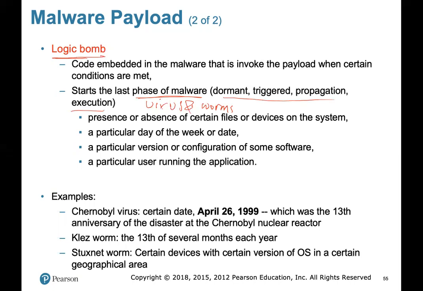I said this might be optional for some malwares. We don't have the dormant phase, and then we go to the triggered phase, and then the malware starts propagating, tries to infect more and more computers, and finally the malware gets executed. The malware starts implementing the malicious activity.